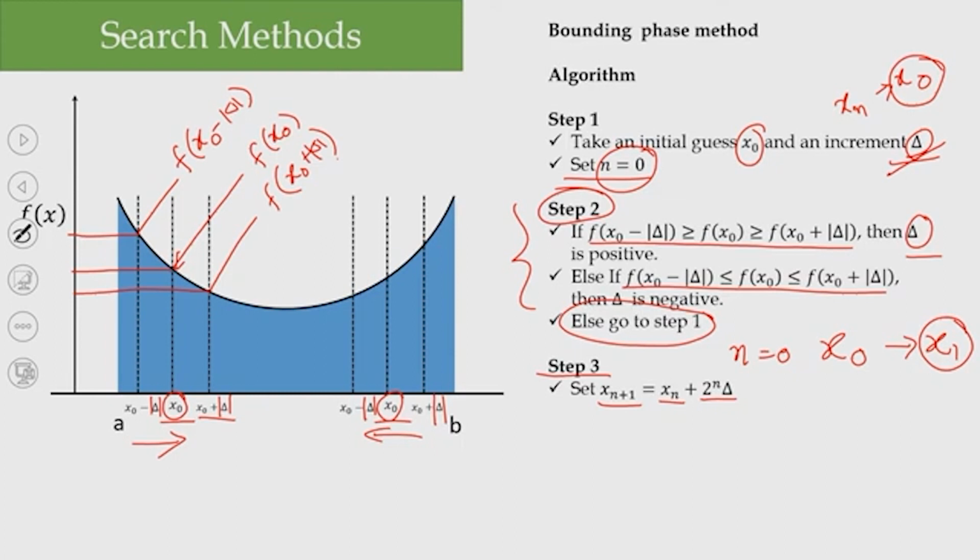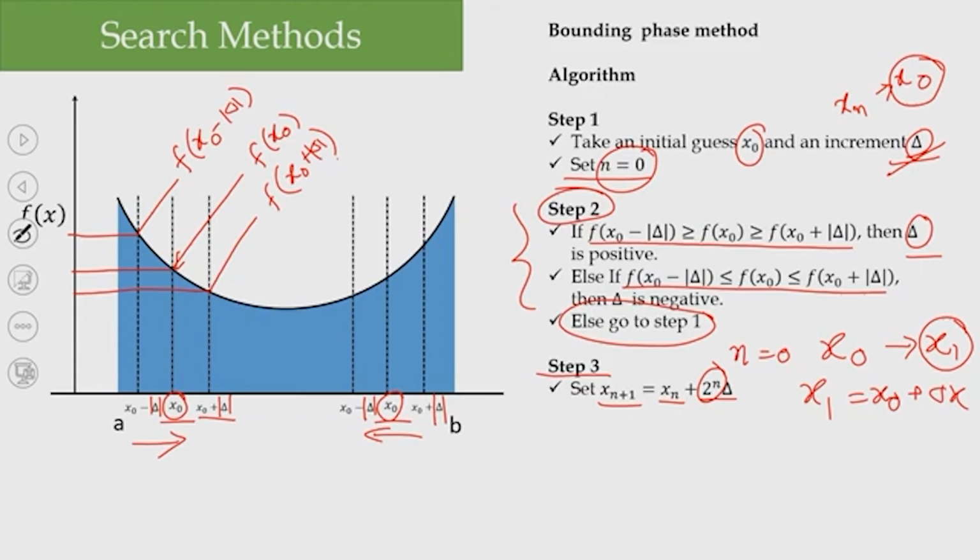Suppose in the first step n is equal to 0, so 2 to the power 0 is 1. So, x1 equals x naught plus delta.